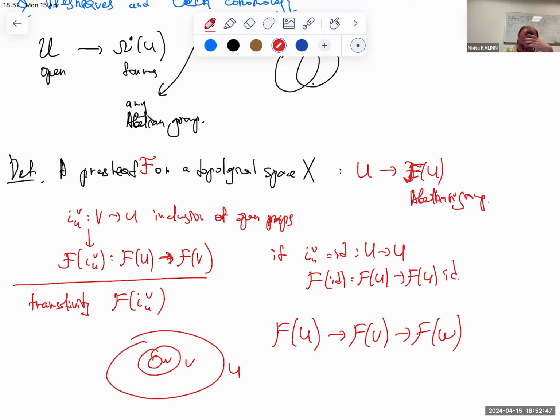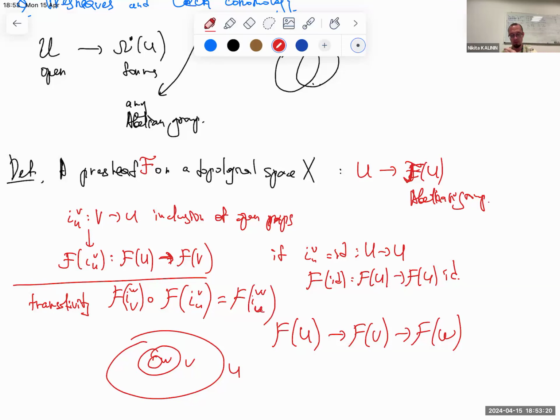So we first apply f of i_UV, and then we apply the restriction from V to W. It should be the same as if I just restricted from U to W in one step.